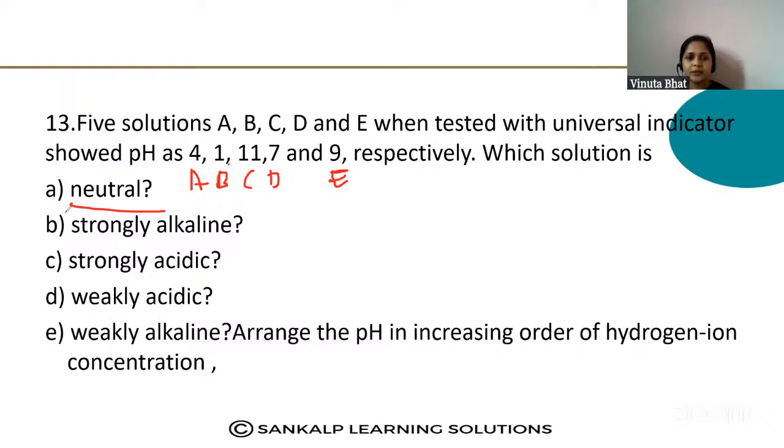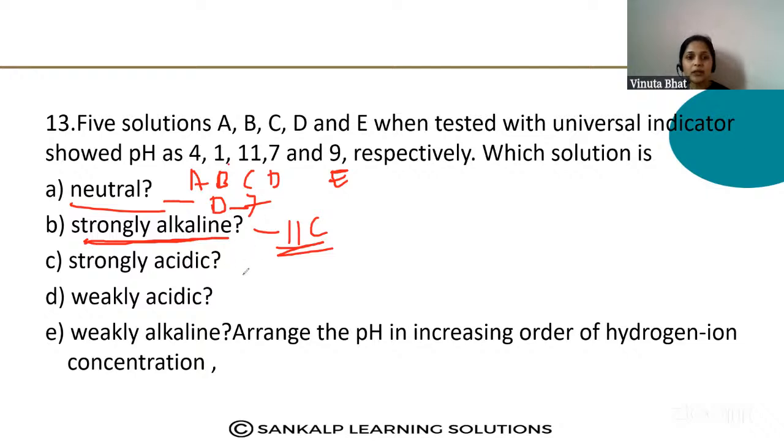Which one is the neutral solution? That is D, which has pH 7, the neutral solution. The strongly alkaline solution is the one with pH 11.